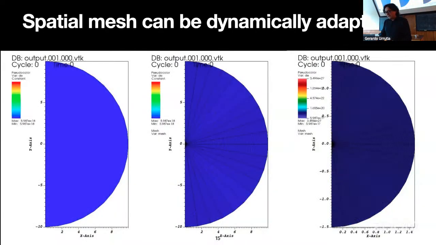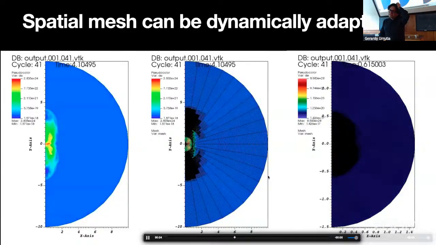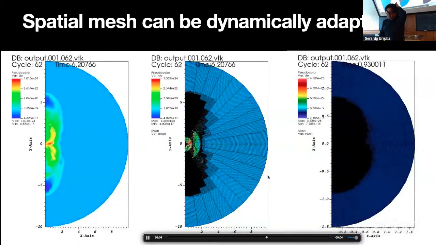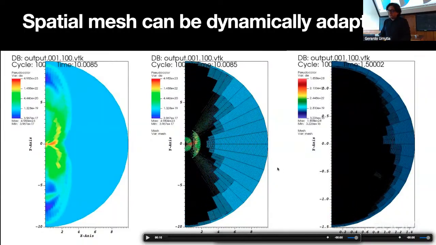Also, one technique that we can apply here, numerically speaking, is adaptive mesh refinement, which allows us to follow in detail the propagation of the fluid to very large scales. The main idea is that the computational cost of these simulations is related to how fine your grid is.